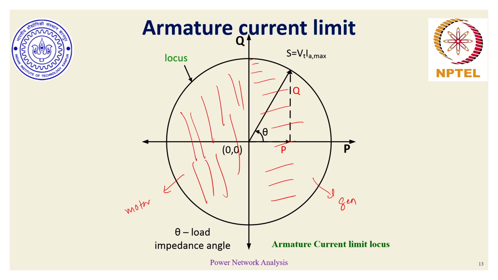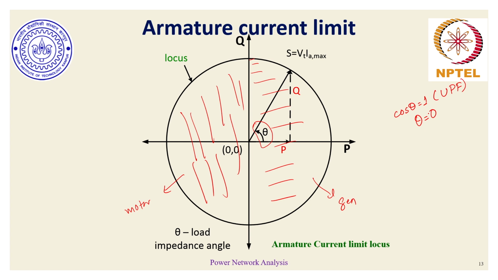And there's also one specific point. If this is the corresponding impedance angle, remember this angle is also known as the power factor angle. And for power factor to be equal to 1, which is also known as unity power factor operation, the corresponding theta has to be 0.